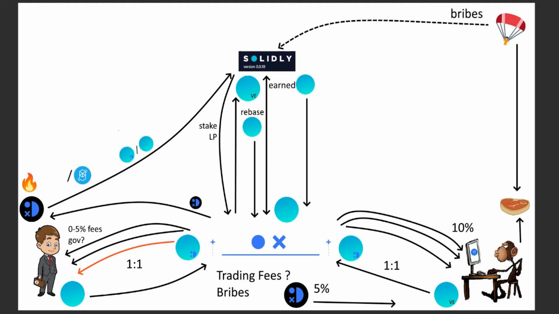Next, if you have some oxSolid and you don't want to stake it, then you can supply liquidity to oxSolid versus solid and stake it into the DAO. So supply liquidity, stake it into Xerox DAO, and Xerox DAO will earn more solid and give you XD tokens. Okay, so it's two options. So you can take your rewards, burn them for oxSolid, and then make LPs, or you can just provide XD LPs.